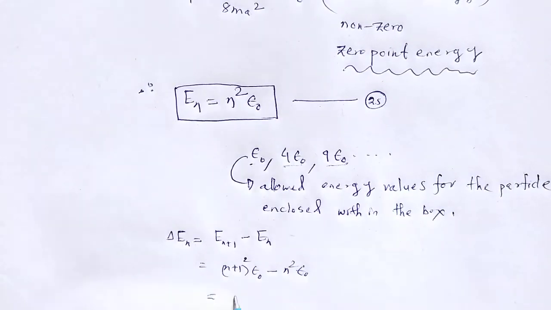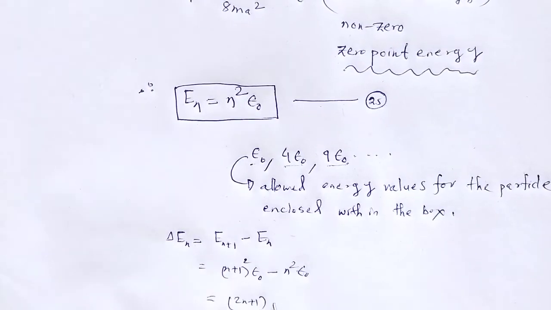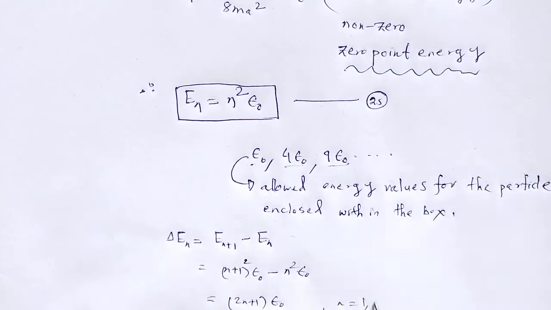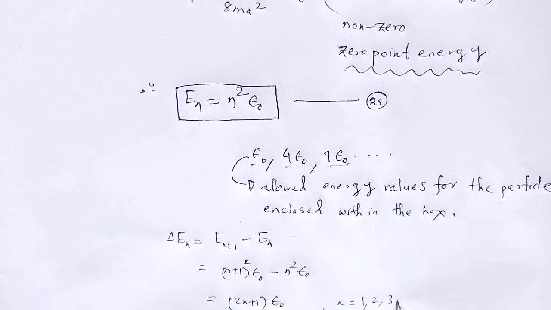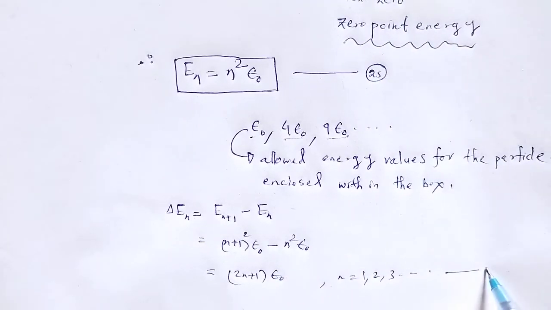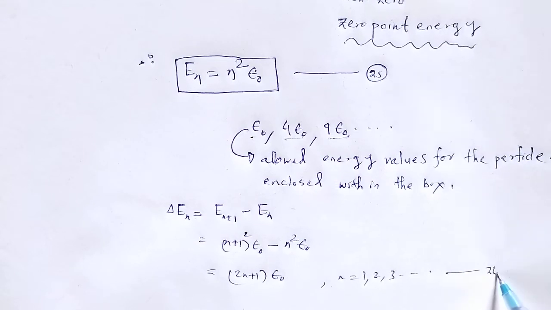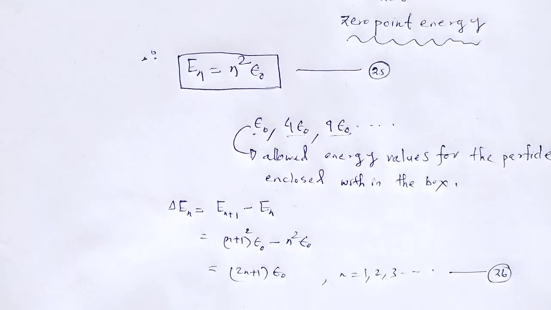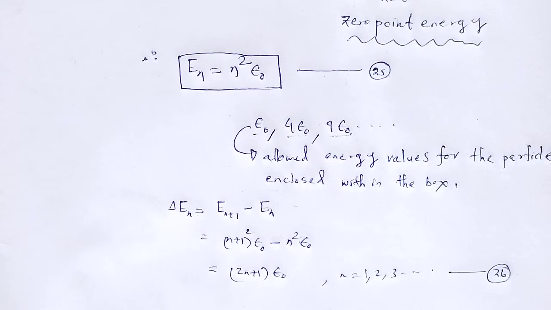We get 2n plus 1 epsilon naught, where n stands for 1, 2, 3 and so on, equation number 26. This equation implies that the energy level spacing is proportional to the series of odd numbers. 2n plus 1 means odd numbers, hence it is not equispaced.